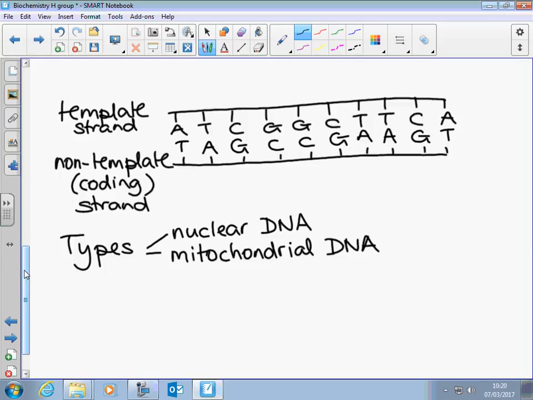Nuclear DNA, we actually inherit half from our fathers and half from our mothers, so we get a bit of a mix and match there. But mitochondrial DNA is all from our mothers, and it doesn't determine any of our physical characteristics. It just determines the processing stuff inside mitochondria, produces the enzymes and things that mitochondria need.